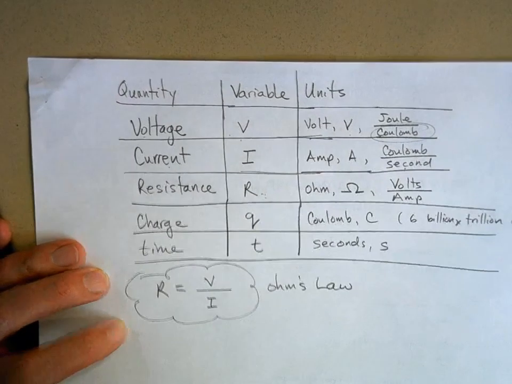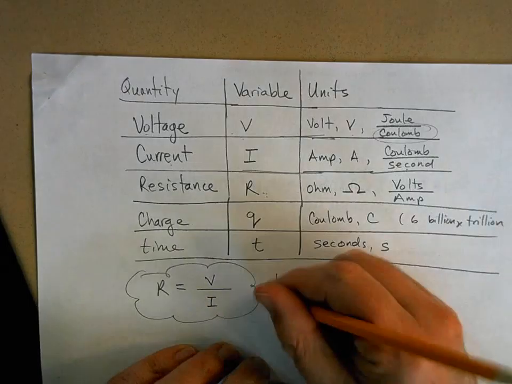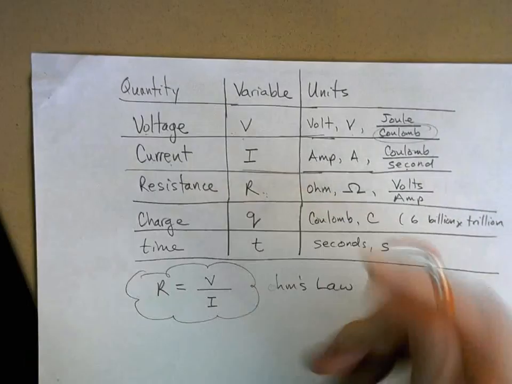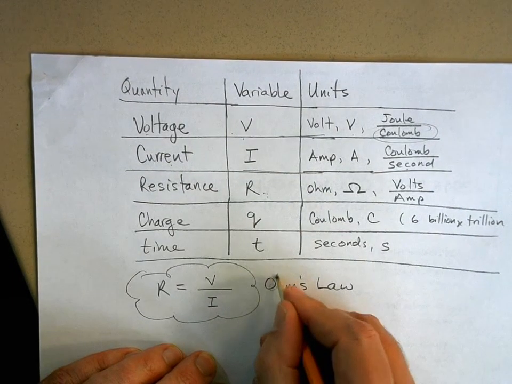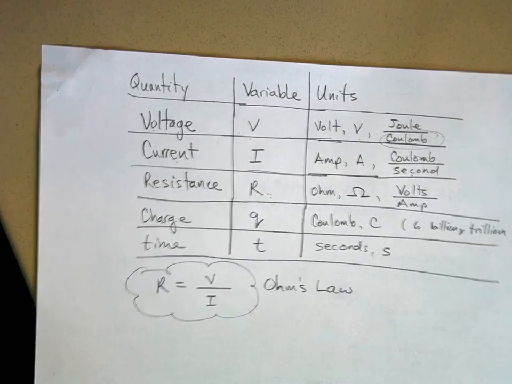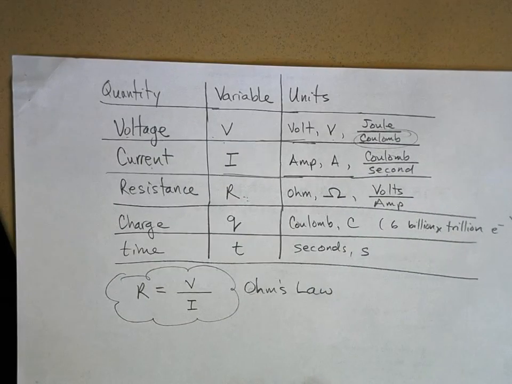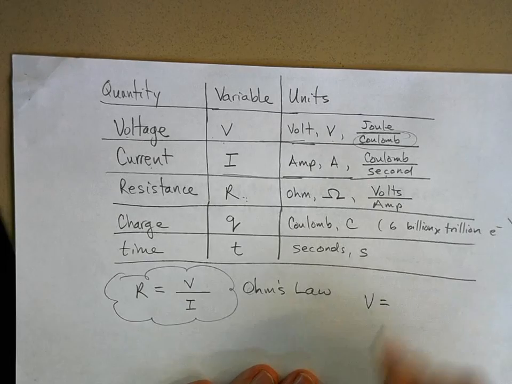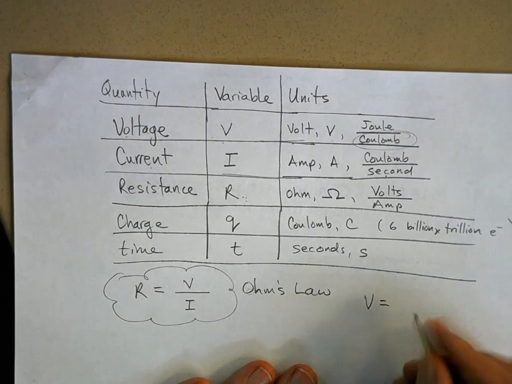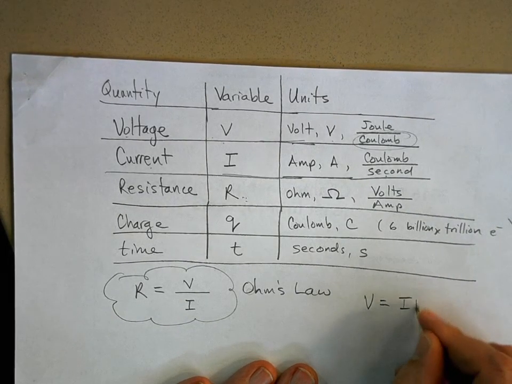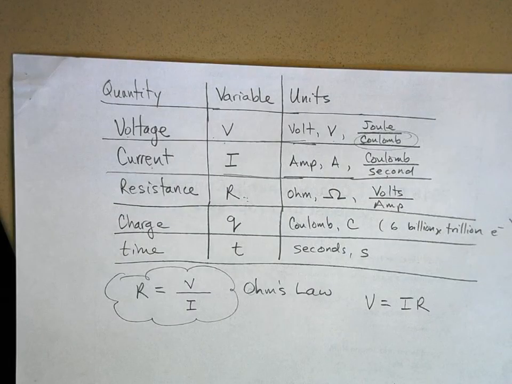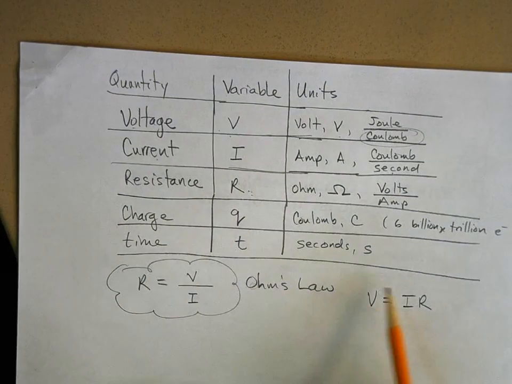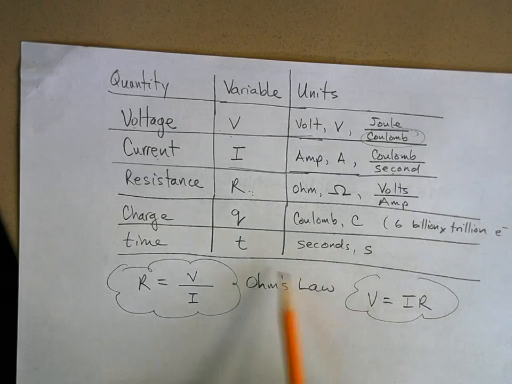Let me show the man a little respect and capitalize his name. Ohm's law. Quite often, it's usually written like this. The voltage is equal to the current times the resistance. Voltage equals current times resistance.